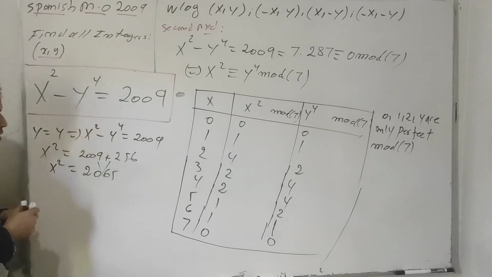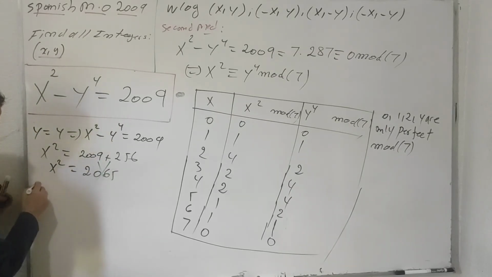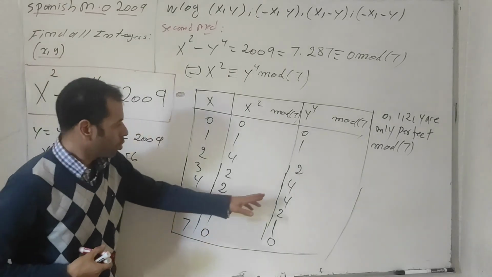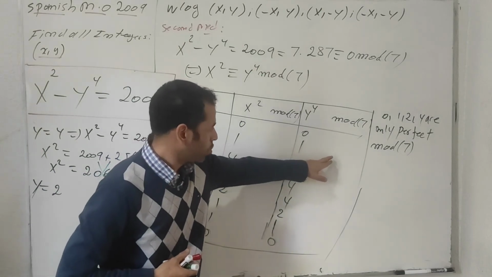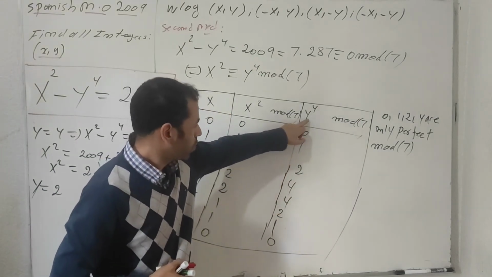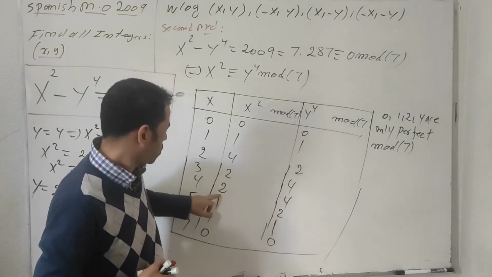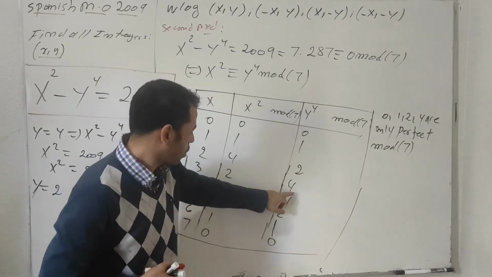So I'm going to check y equals 2. If you reduce the divisor, 4 takes you back to 2, because 4 is a multiple of 2.